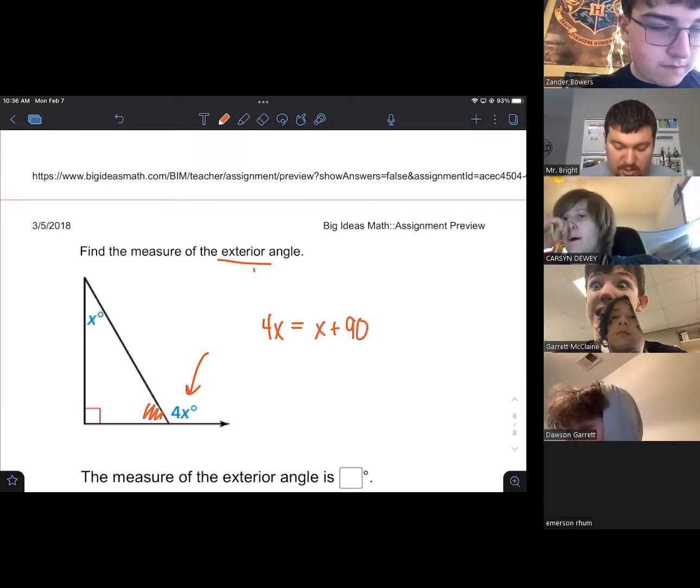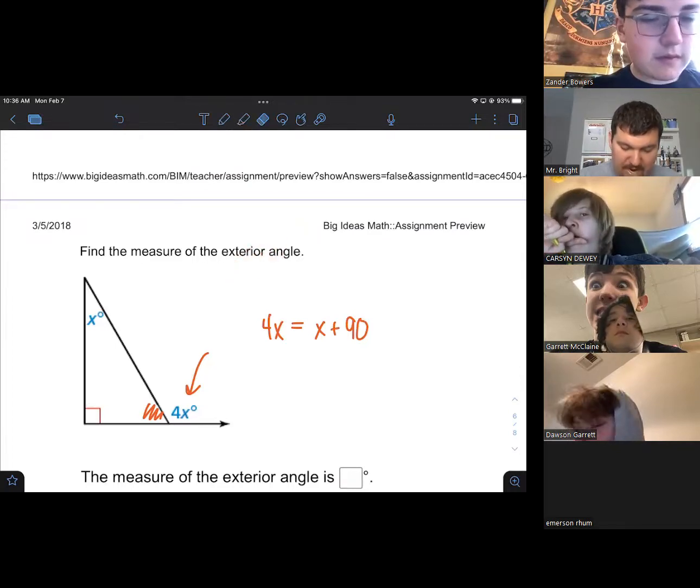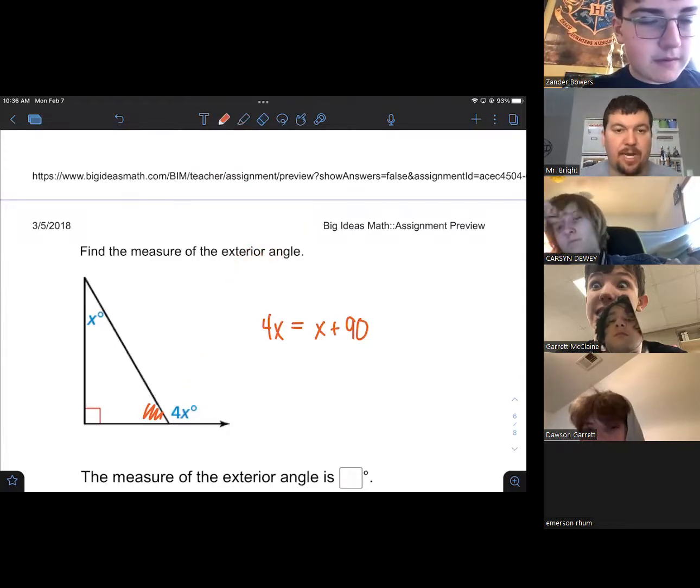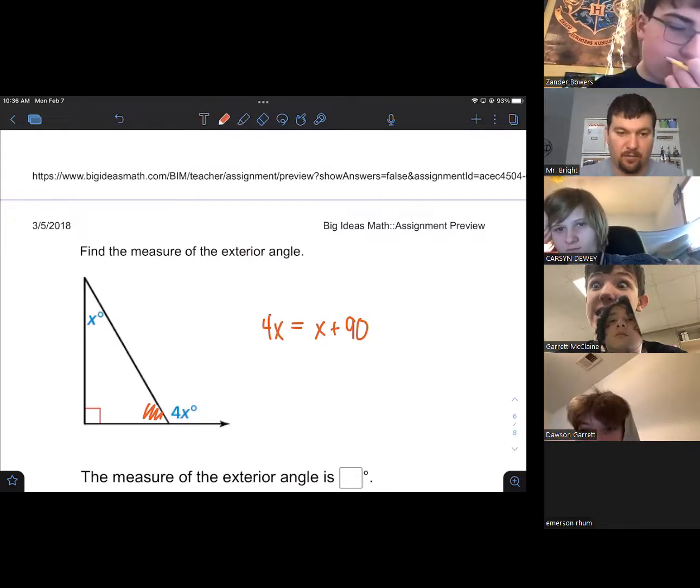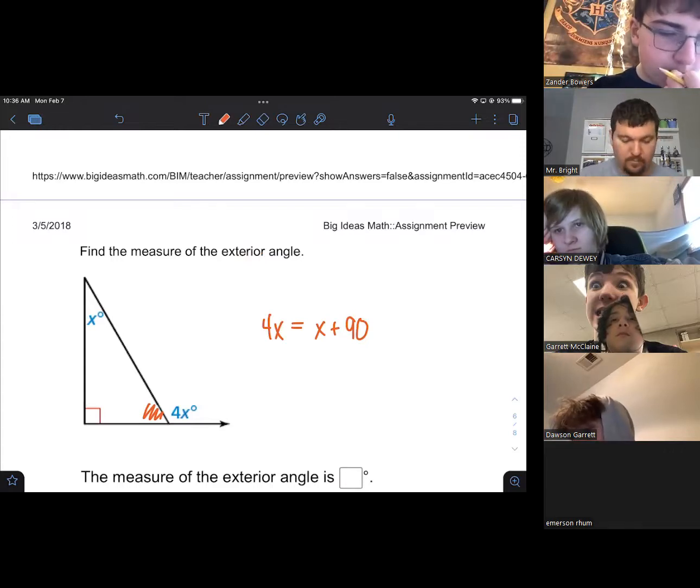I see way too many people on their quizzes try to add these three angles and set it equal to 180. It's like, what are you doing? It's not even inside the triangle. The 4x angle is going to equal the sum of the two non-adjacent interior angles, which is the x plus 90.